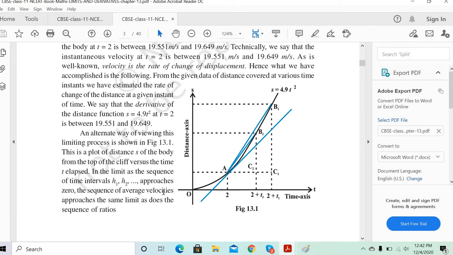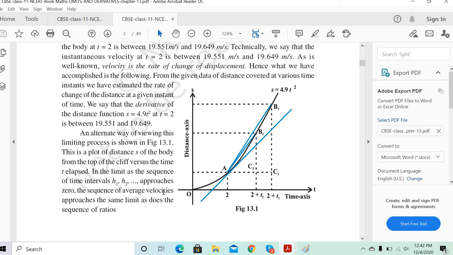Now you reduce the time. When you reduce the time, what happens? 2 plus T2. You get to the next point called B2. Now AB1 is longer than AB2, no? Good. So now you can still find the slope using AB2.